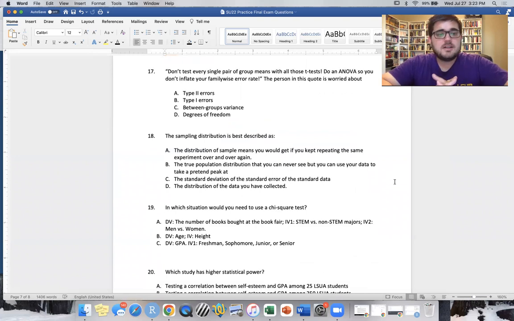Number 17, don't test every single pair of group means with all those t-tests. Do an ANOVA so you don't inflate your family-wise error rate. That's a quote. The person in this quote is worried about, and we got some options. So what is a family-wise error rate? Well, when you have your data and you do one test on that data, you choose your type 1 error rate.